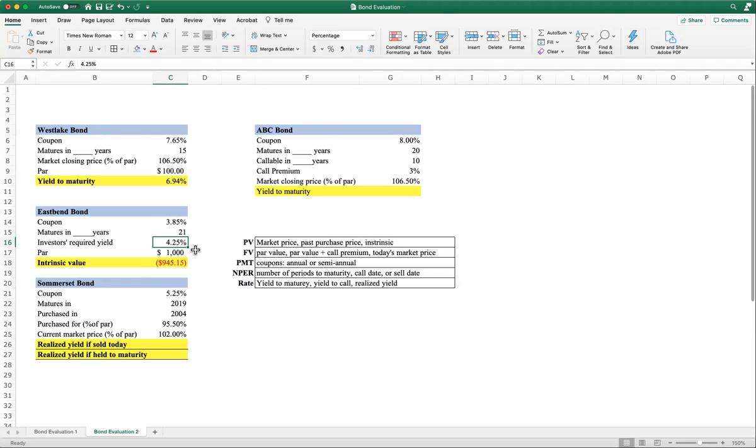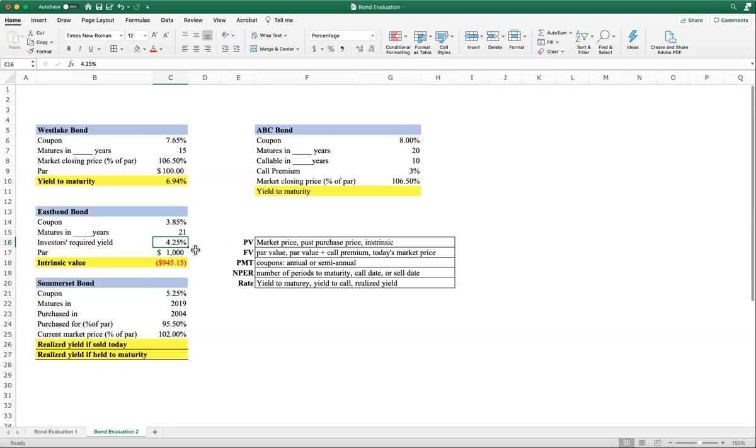Another relationship we have here: if you increase your required rate of return, the intrinsic value would go down. Just like you're getting coupons that are 3.85% a year, the more you want to get, the less you want to pay, because the less initial investment you have, the higher your return is.